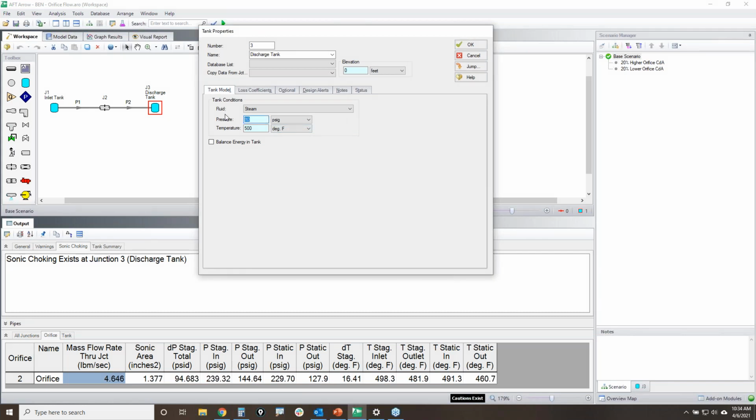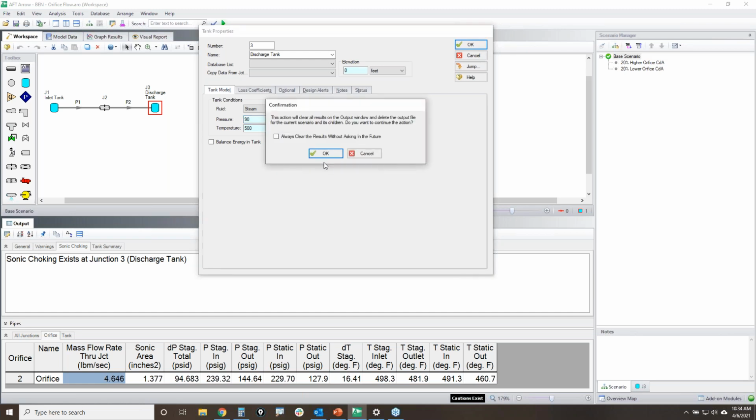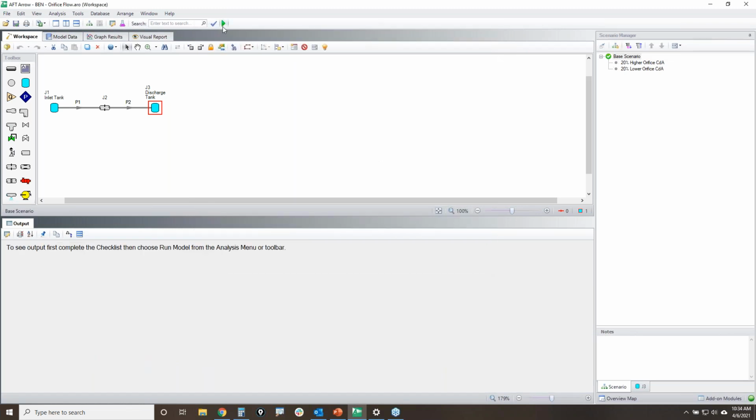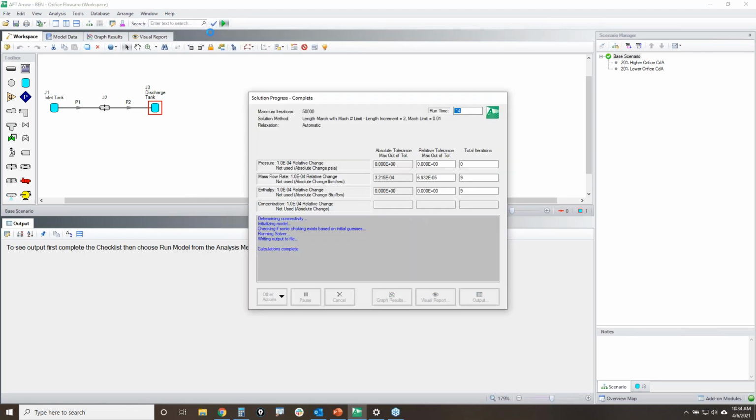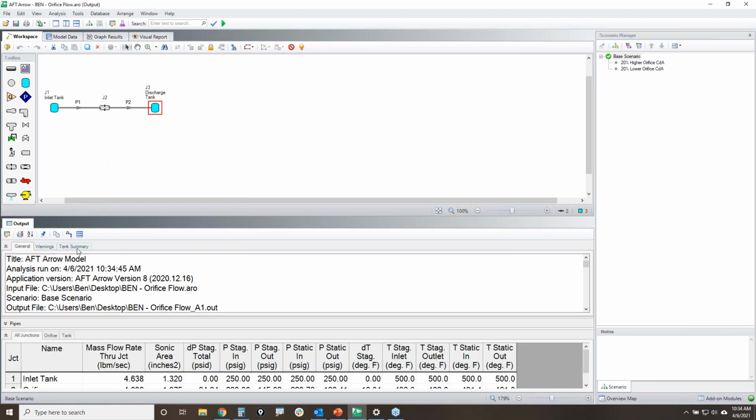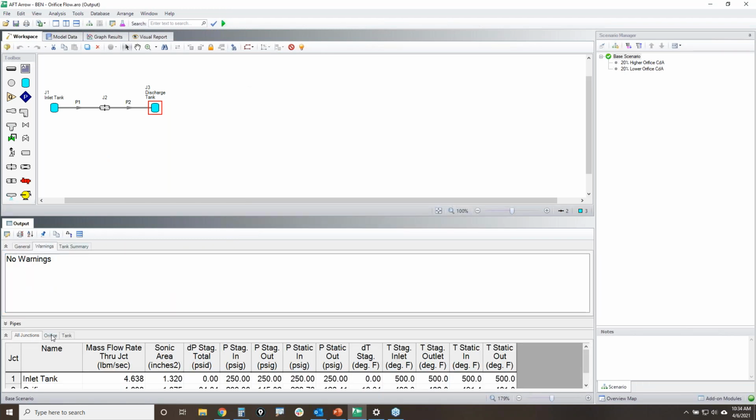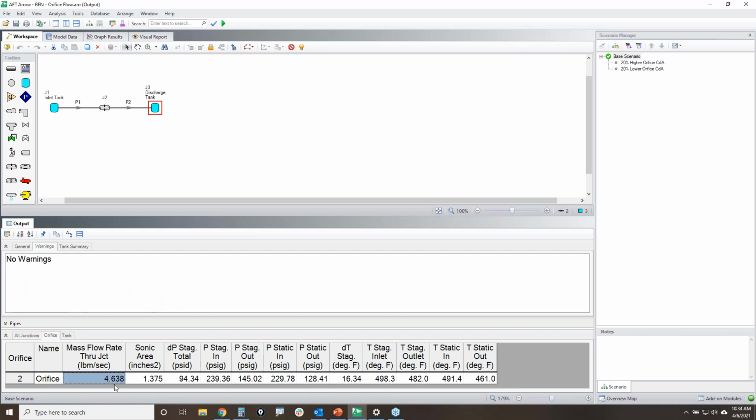So let's bump this back up. Let's put it up to 90 psig. If I go to 90 psig, will I still have sonic choking? And I do not. I don't have any sonic choking messages, and I have 4.64 pounds per second.